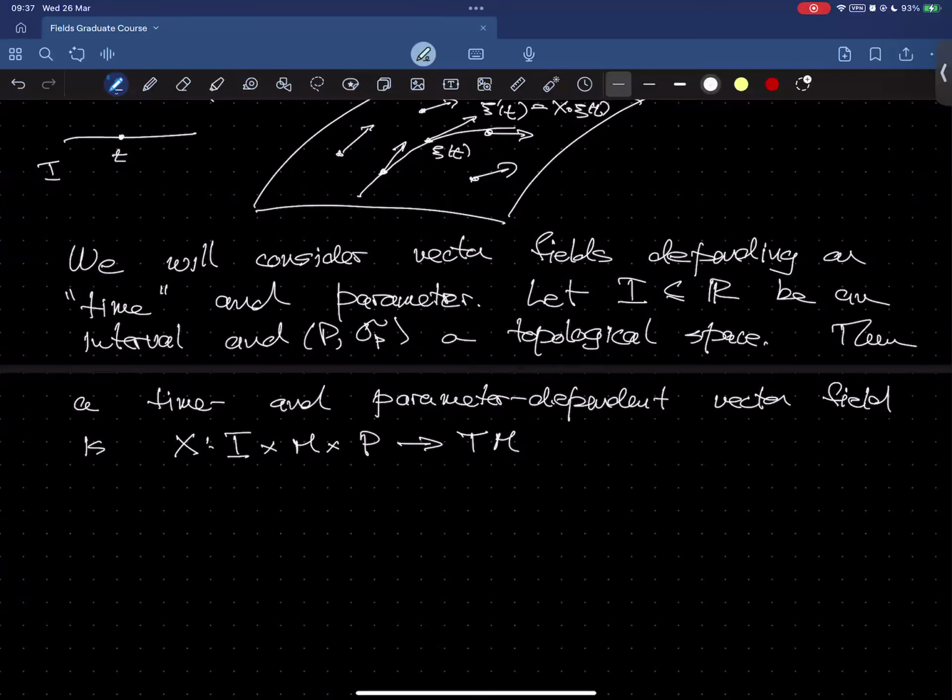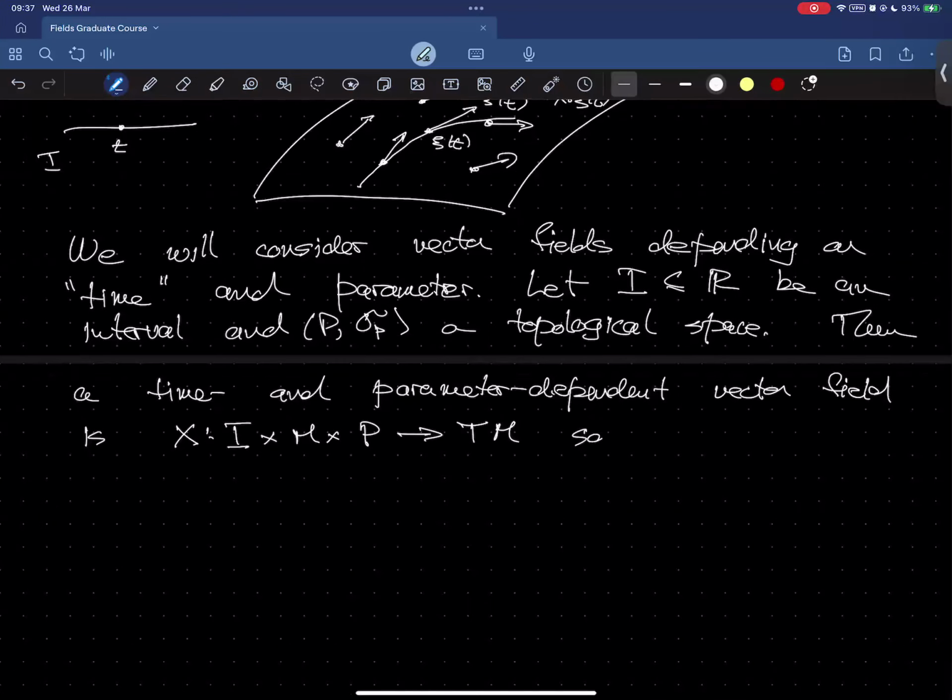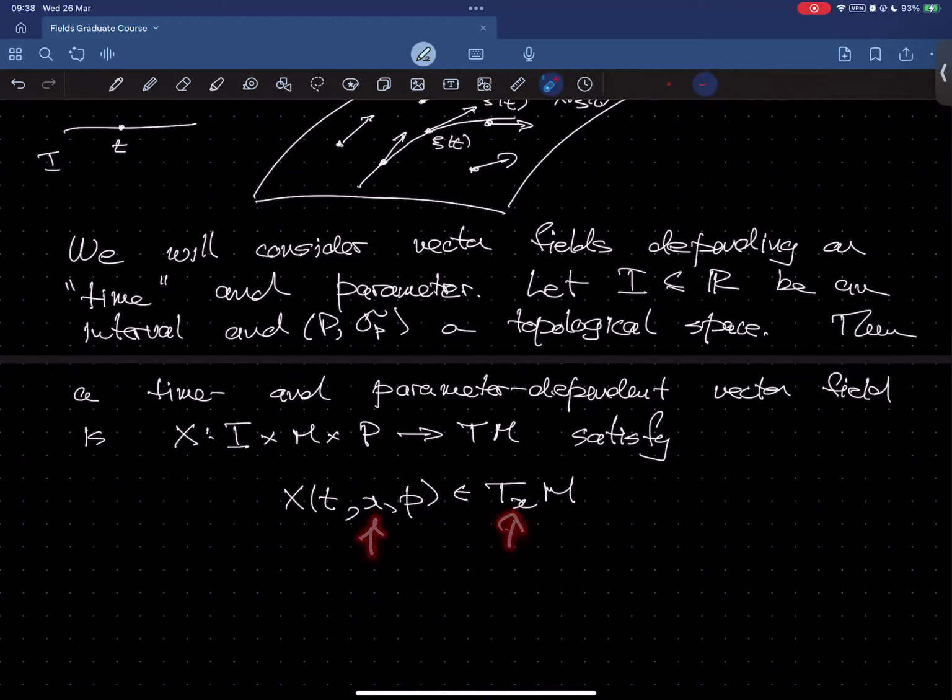It's a mapping like this, satisfying X of t, x, p is in the tangent space at x. So it again assigns to x a tangent vector at x, but it does so in a way that depends on time and parameter.